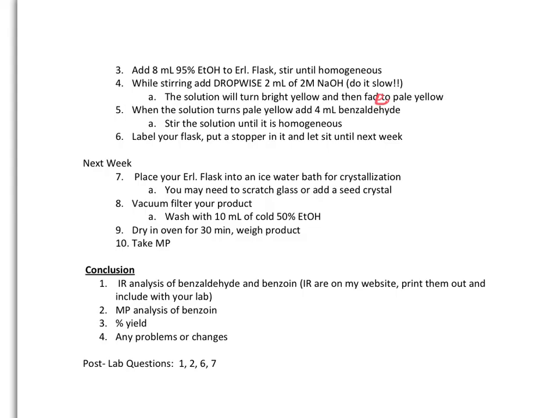So when you come in next week, you don't have to actually do this step, place an ice water bath for crystallization. One week is ample amount of time to get your solid product. If you don't get it in one week, there's no way you'll have it there. It's as simple as that.